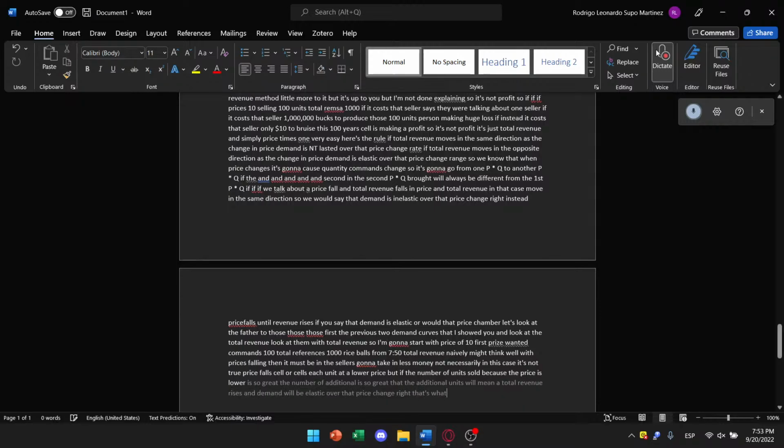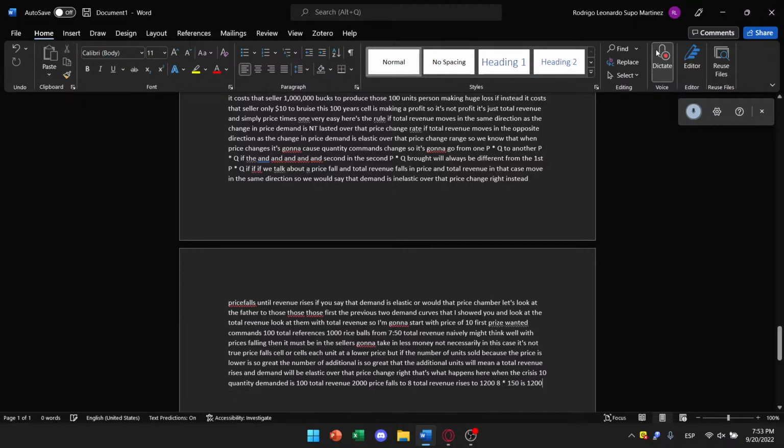That's what happens here. When the price is 10, quantity demanded is 100, total revenue is 1,000. Price falls to 8, total revenue rises to 1,200. 8 times 150 is 1,200. Total revenue goes up. Price falls, total revenue rises.